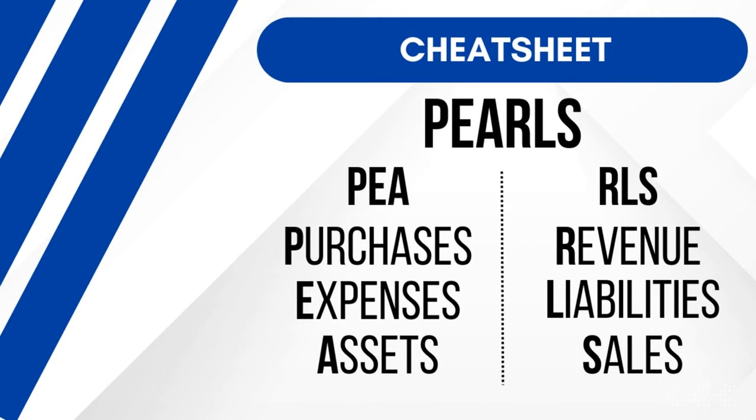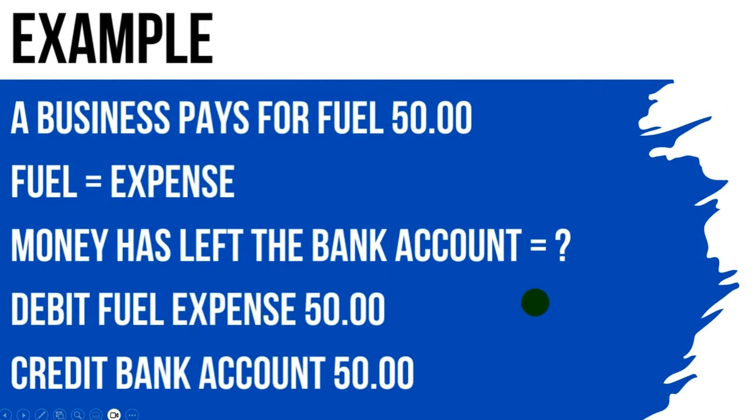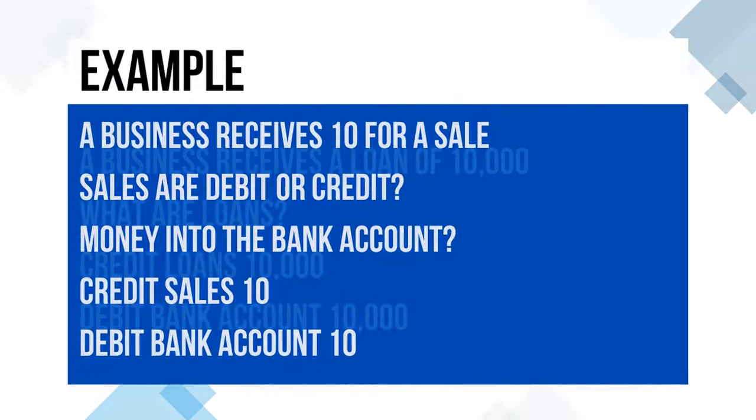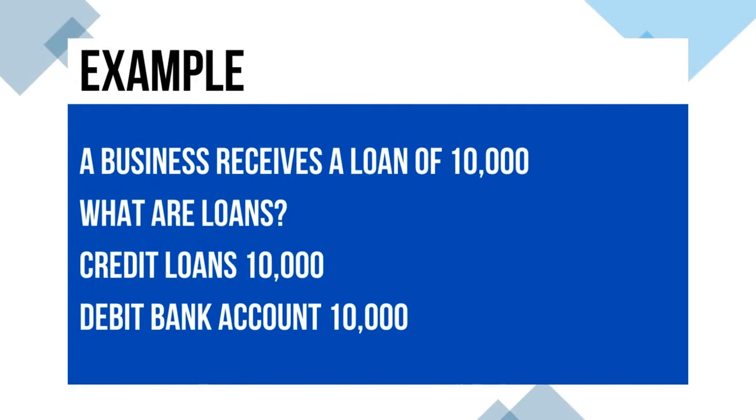Something that the business owes is a liability, which is on the right side, which is a credit entry. So let's go back to slide 3. Here we go. So credit loans, 10,000. We need a corresponding debit. That money's going into the business bank account, so debit the bank account, 10,000.